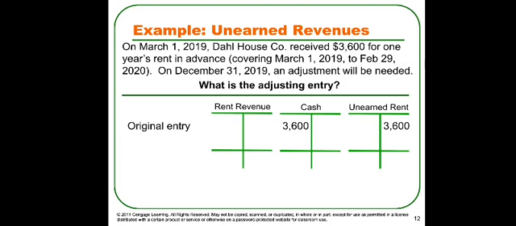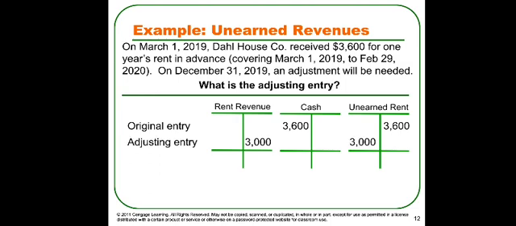So it is a liability. You take somebody else's cash in your hand without providing anything yet. So when you receive the cash, you have to record an increase in asset cash. At the same time, an increase in liability called unearned rent.